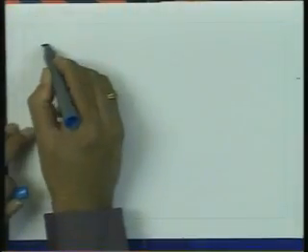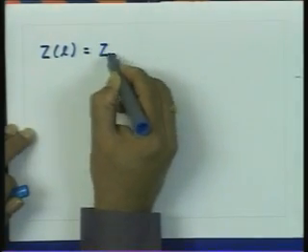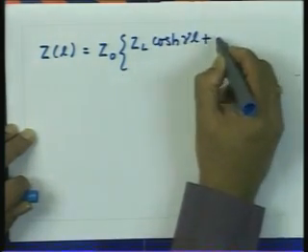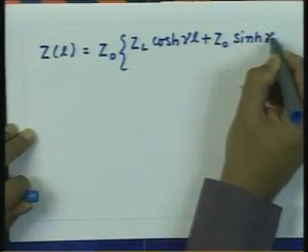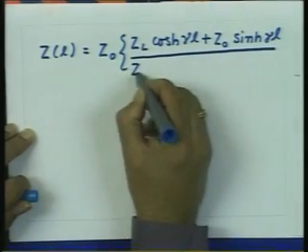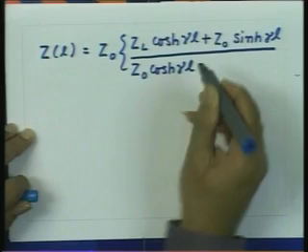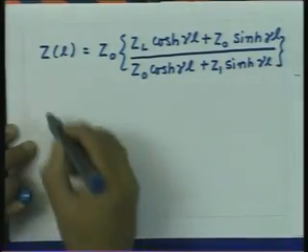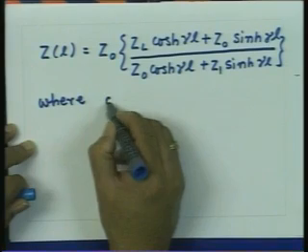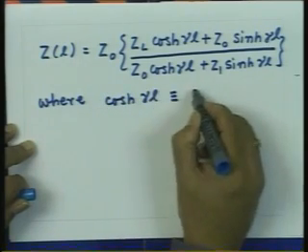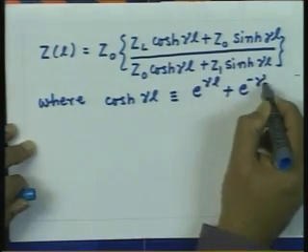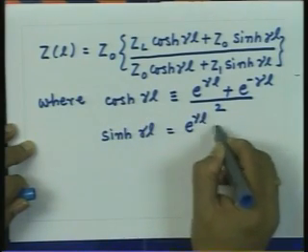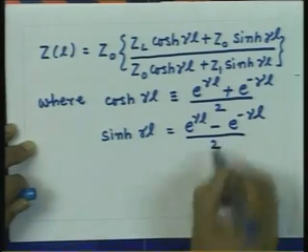So, this expression after resubstitution becomes Z at L is equal to Z0 times (ZL cos hyperbolic gamma L plus Z0 sin hyperbolic gamma L) divided by (Z0 cos hyperbolic gamma L plus ZL sin hyperbolic gamma L), where we have used the relations cos hyperbolic gamma L is equal to e to the power gamma L plus e to the power minus gamma L upon 2, and sin hyperbolic gamma L is equal to e to the power gamma L minus e to the power minus gamma L upon 2.